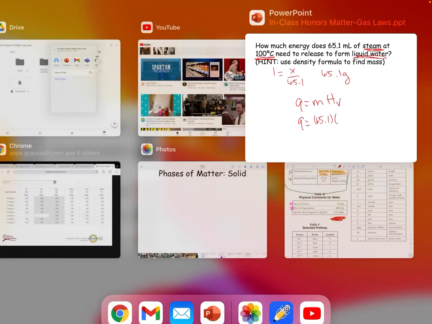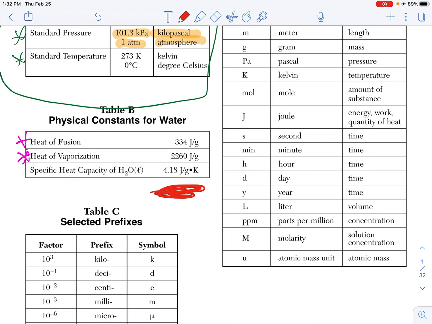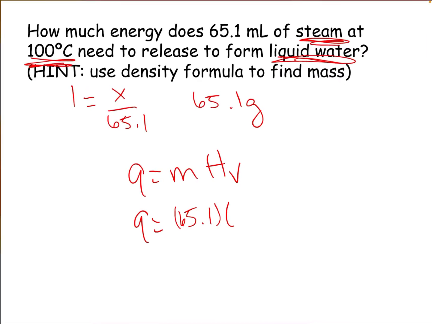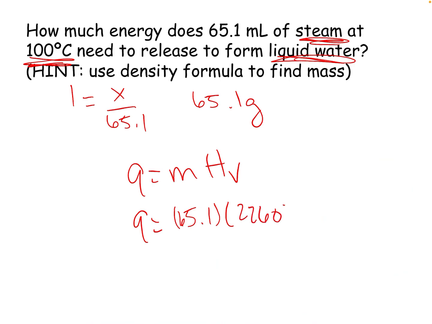The heat of vaporization constant for water is 2260 joules per gram. If it was not water, you'd have to look it up some other way, or it would be provided to you. 65.1 times 2260. Q equals 147126, and this is joules. If I were to round to sig figs, it would be 3 sig figs, so 147,000 joules. Not so bad.